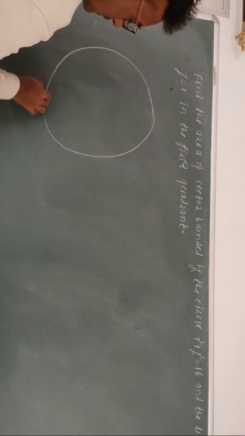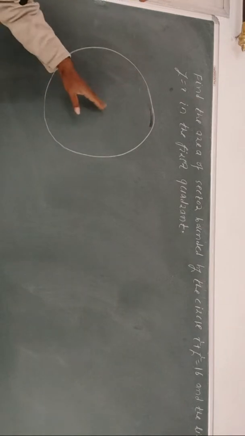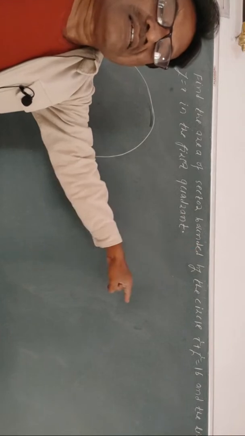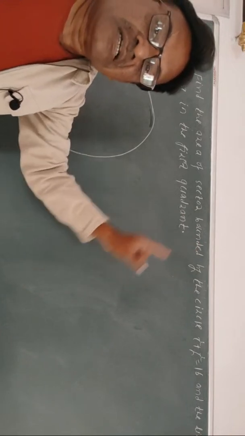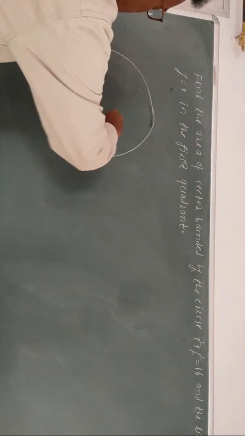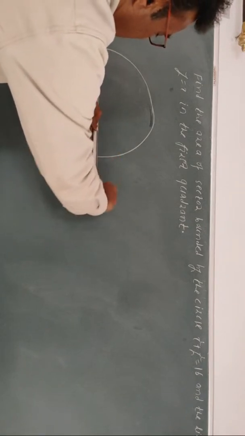This is the given circle, of course a standard circle, and the equation of this circle is x square plus y square equals 16. This is the equation of the circle with center at origin and radius 4. Next we draw the coordinate axes, that is the x axis and y axis.